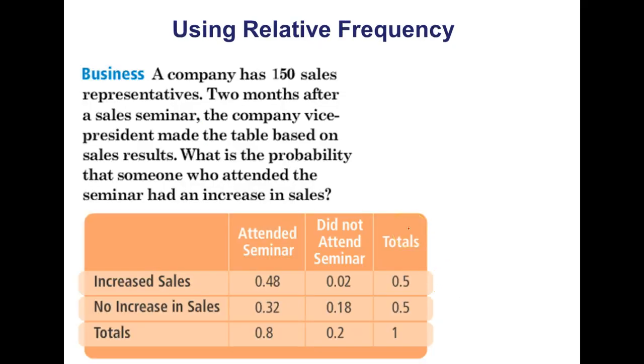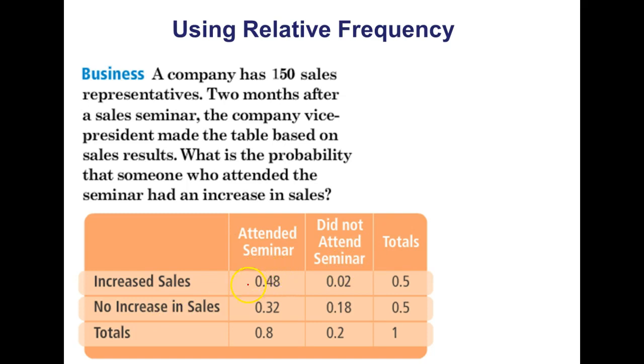Another example, we're going to use what's called a relative frequency. So a relative frequency table is everything is broken down in terms of their relative numbers. So it's a two-way frequency table. We have rows labeled, in this case, by increase in sales or not increase in sales. And then the columns are labeled by whether or not they attended this particular seminar.